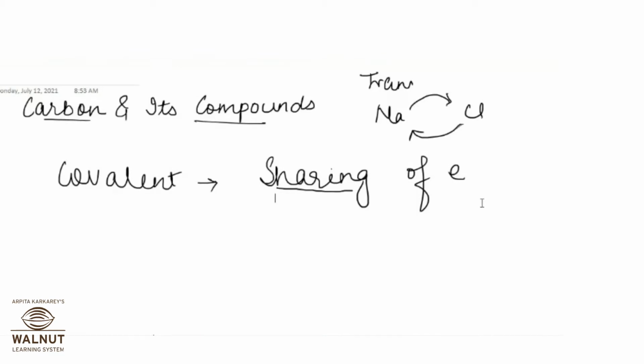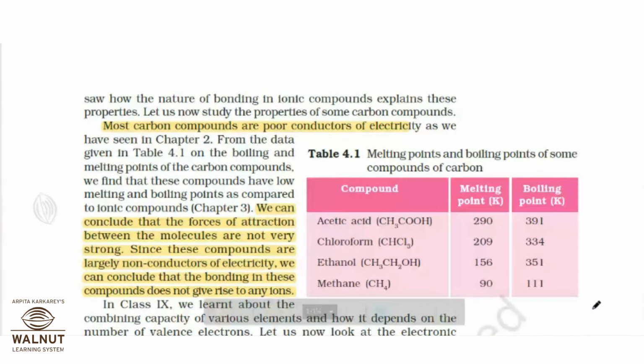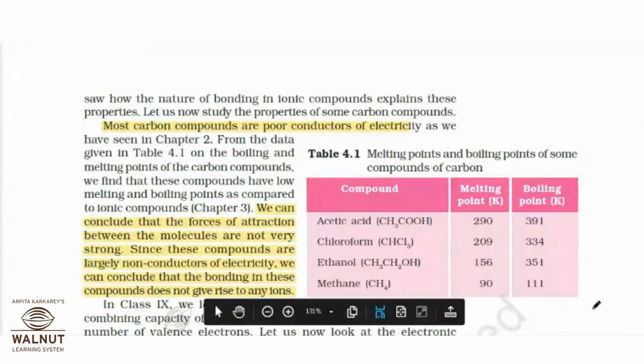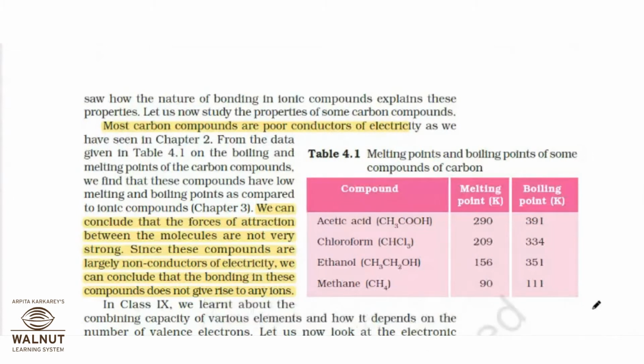We will see how. Just remember that when we say sharing, all the elements involved equally contribute to the bond formation. Now, most carbon compounds are poor conductors of electricity. Why? Because they do not have the electrostatic force of attraction which you find in ionic bonds. For example, NaCl, KCl are ionic compounds.